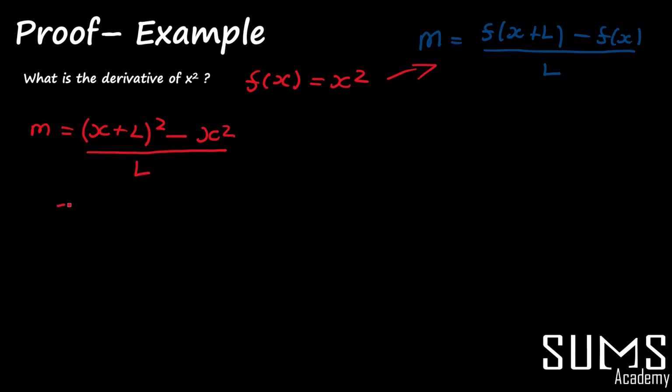If you have a bracket that's squared, there's a quick way of working it out where you just square the first term, square the second term, and add the two terms multiplied together and doubled. So you have x squared plus 2xL plus L squared, minus x squared, all over L. Now some things here will cancel out, so we can first of all see that this x squared and this negative x squared will just cancel each other out straight away.